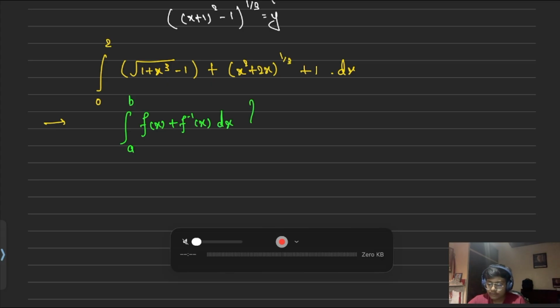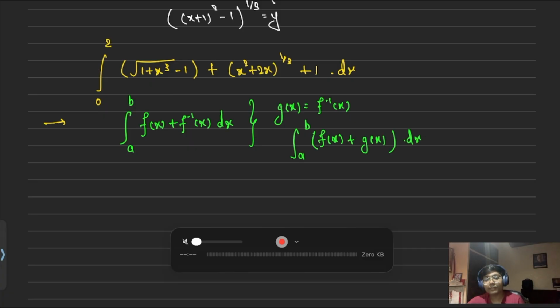Here we will simply replace f inverse(x) as g(x), and we will get an integral from a to b of f(x) plus g(x) dx. Simple. Now we can do some very common steps like taking g(x) common, and we'll be left with f(x) by g(x) plus 1 dx, from a to b.